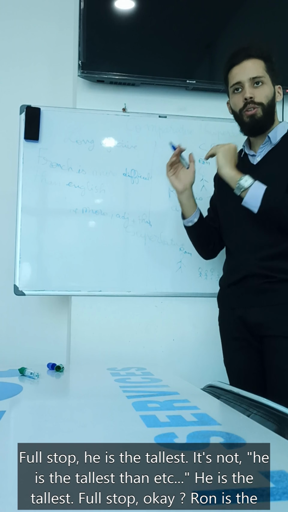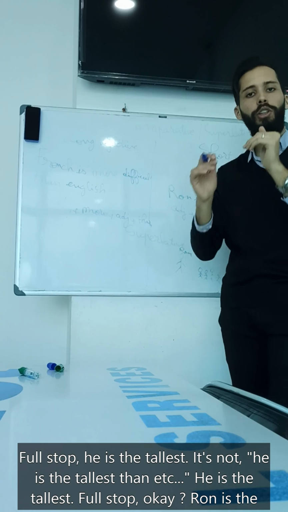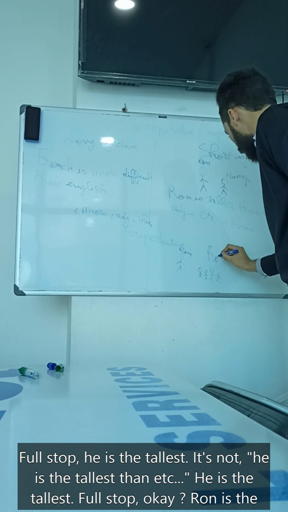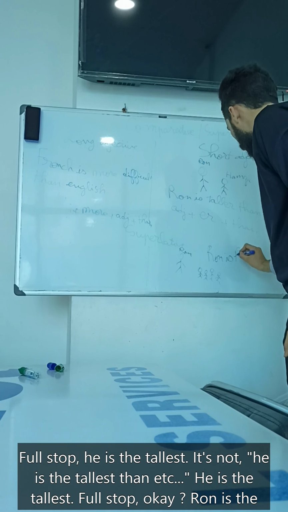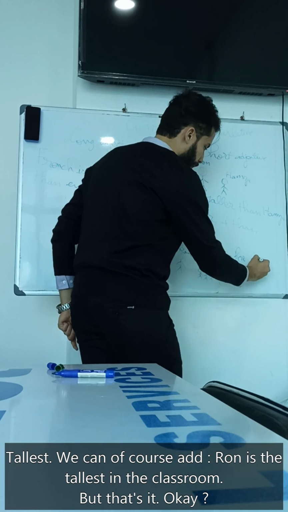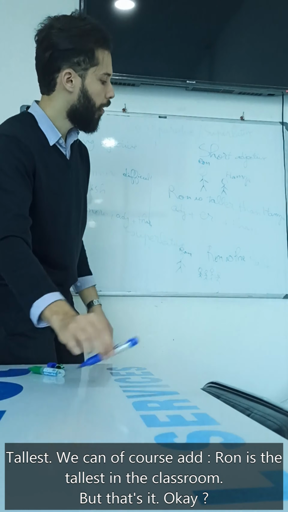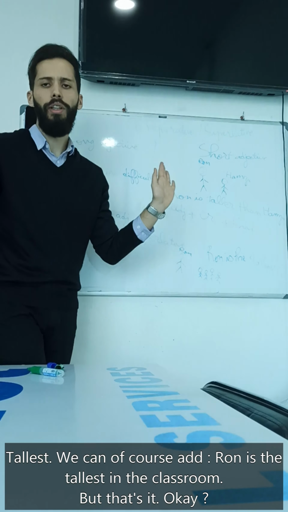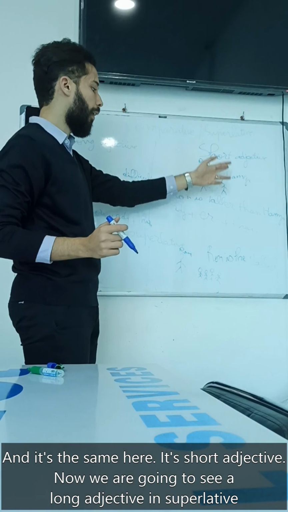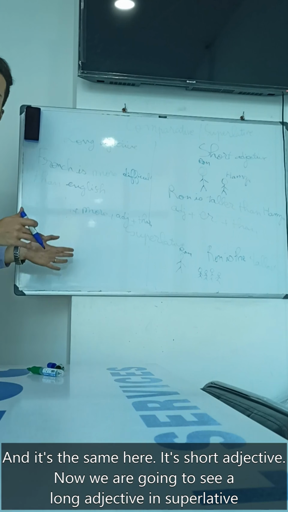Full stop. It's not he is the tallest than, etc. He is the tallest. Full stop. Okay? Ron is the tallest. Full stop. We can add, of course, Ron is the tallest in the classroom, but that's it. Okay? And it's the same here. It's a short adjective.